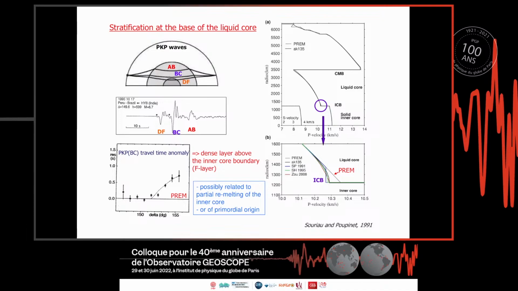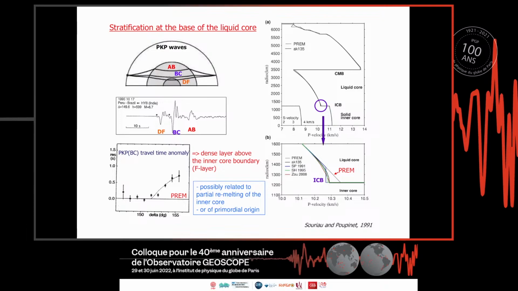This curve needs to have a decrease in P velocity. So you must depart from a stable stratification. And a decrease in P corresponds to an increase in density. So you clearly have a layer with an increase in density at the base of the liquid core.